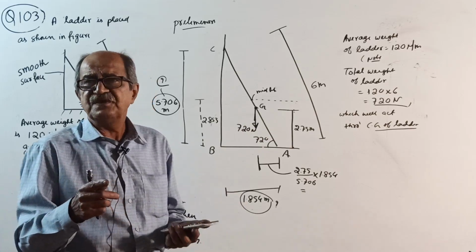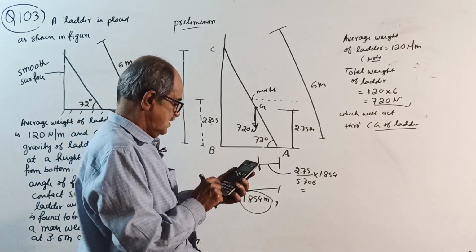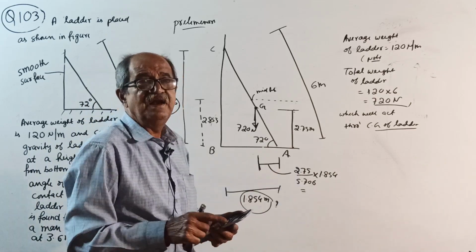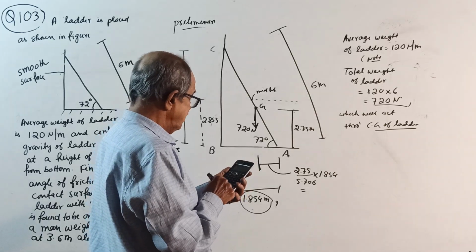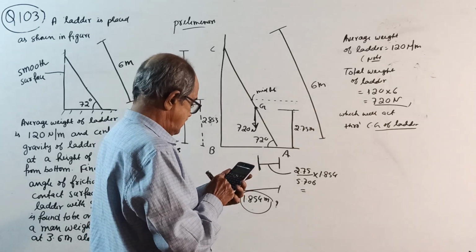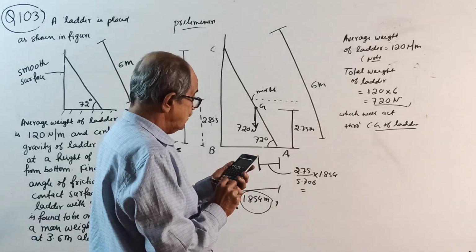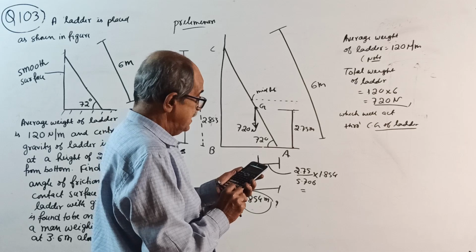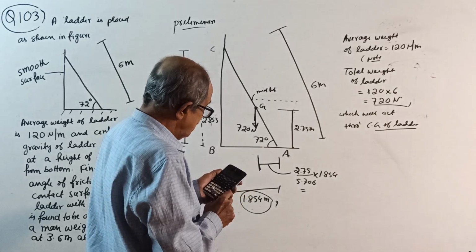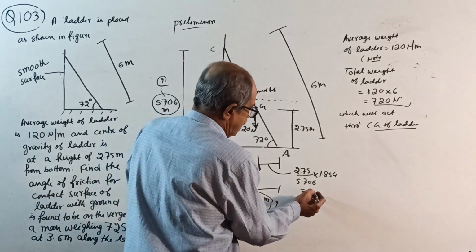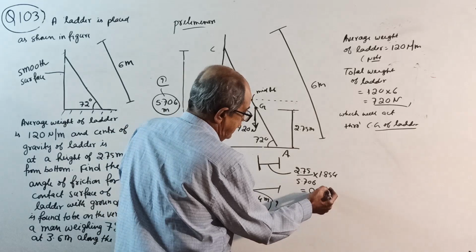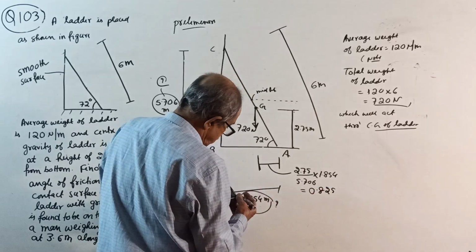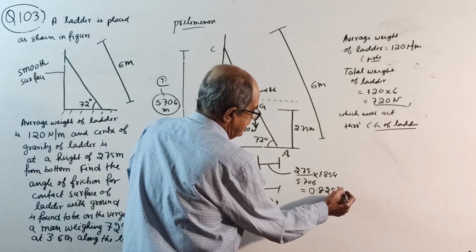I may upload some classes, so wait for some time. I already explained this earlier. 2.75 by 5.706 into 1.854. Actually this much is not required; I will tell you why. Okay, leave it: 0.8253 meter.